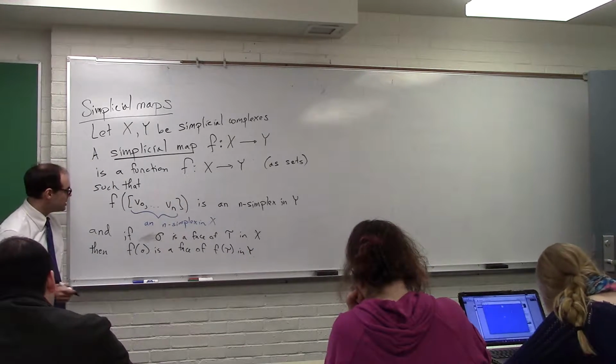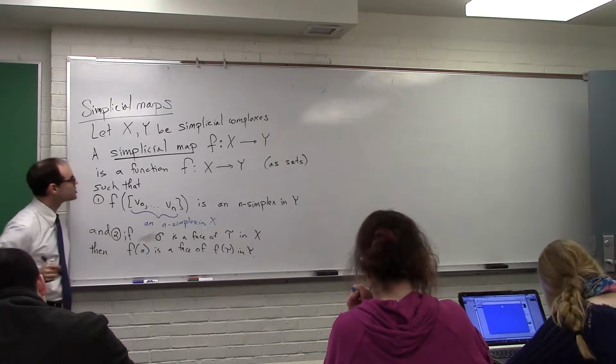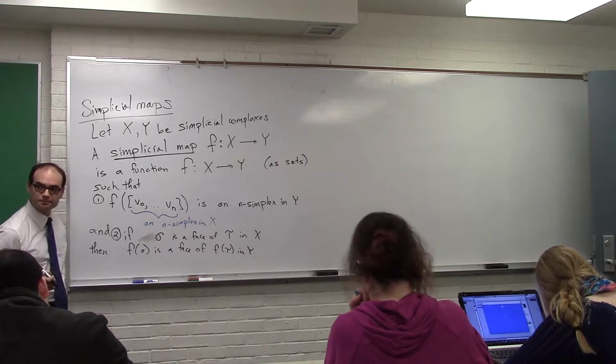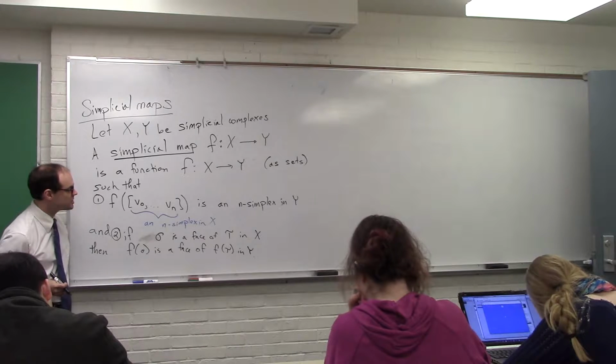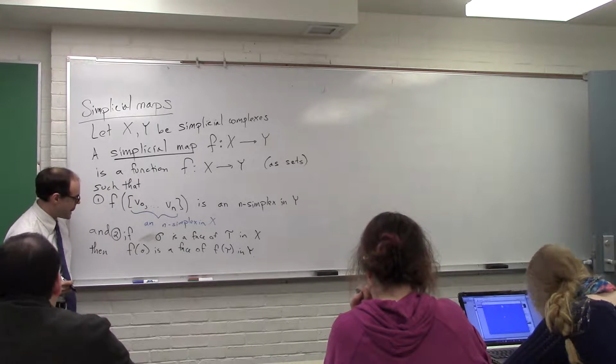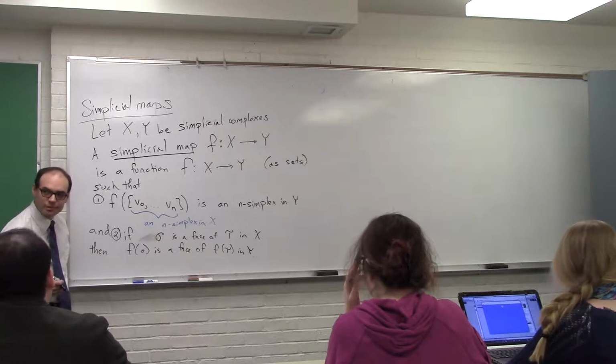Okay, so given these two constraints, that's what a simplicial map is. So it's a function on simplices, takes simplices to simplices, preserves their dimension, and preserves their face relationship.